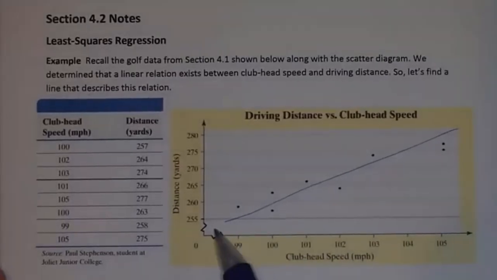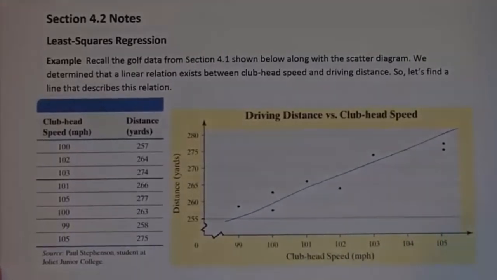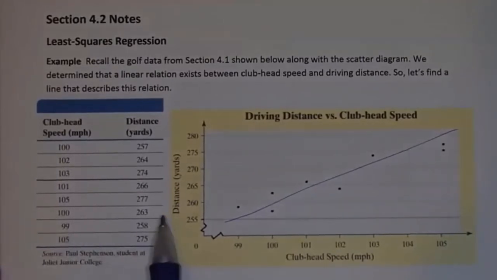So I could perhaps use this line in order to model the relationship between the club head speed and the distance. The trouble is, if I draw that line and you draw that line, we may not draw the same line. So we would like to come up with a way of being able to determine the best line.